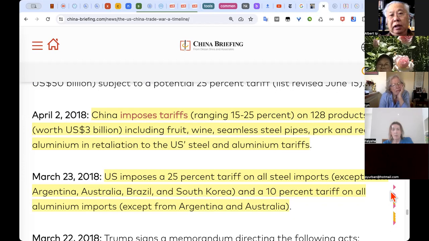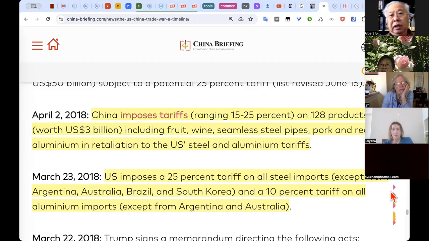And for that, China reacted. So China, a few days later, imposed tariffs on 128 products from the United States as a retaliation to the U.S. steel and aluminum tariffs.